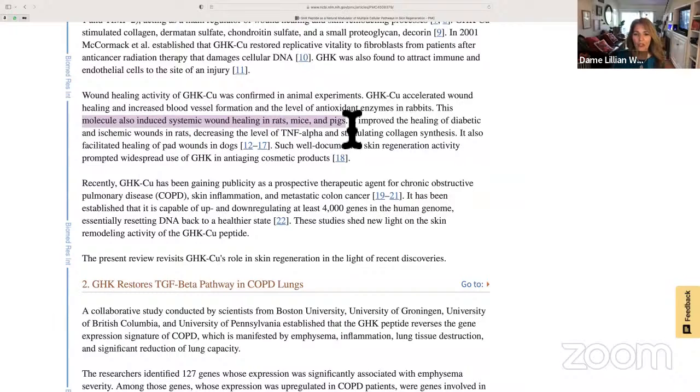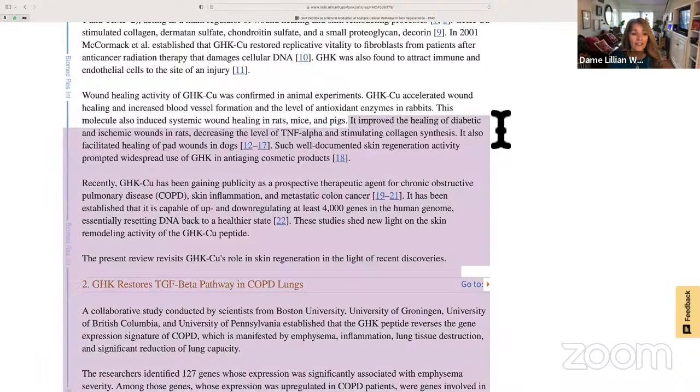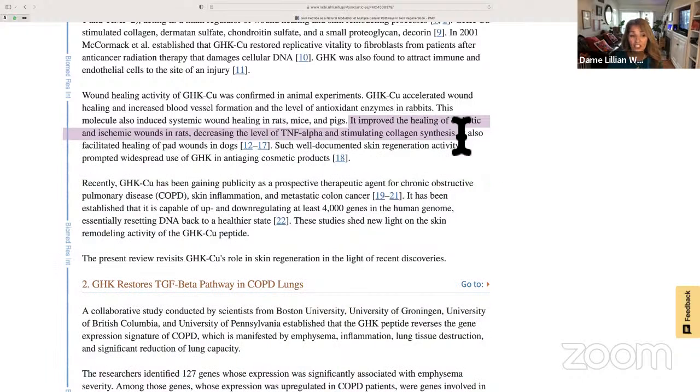Does that make sense? So it says here, it improved the healing of diabetic and ischemic wounds in rats, decreasing the level of TNF alpha and stimulating collagen synthesis. That's pretty impressive. So a diabetic rat had a wound, and stimulating collagen synthesis improved the ability of that rat to experience repair and restoration.